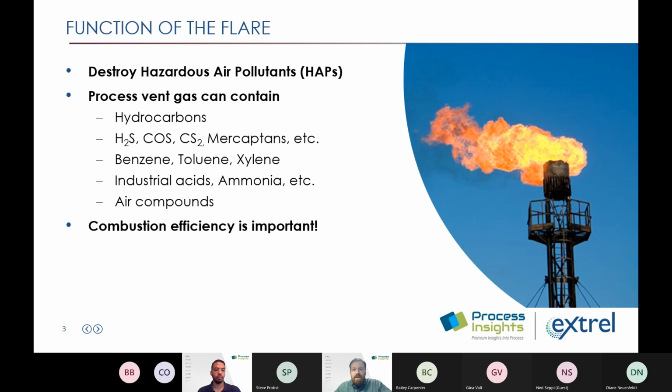And then, depending on the process units upstream of that flare, you could have industrial acids, ammonia, and chlorine compounds at chemical plants that use a lot of chlorinated compounds. Mixed in with all that are air components, nitrogen purge gases, things like that.